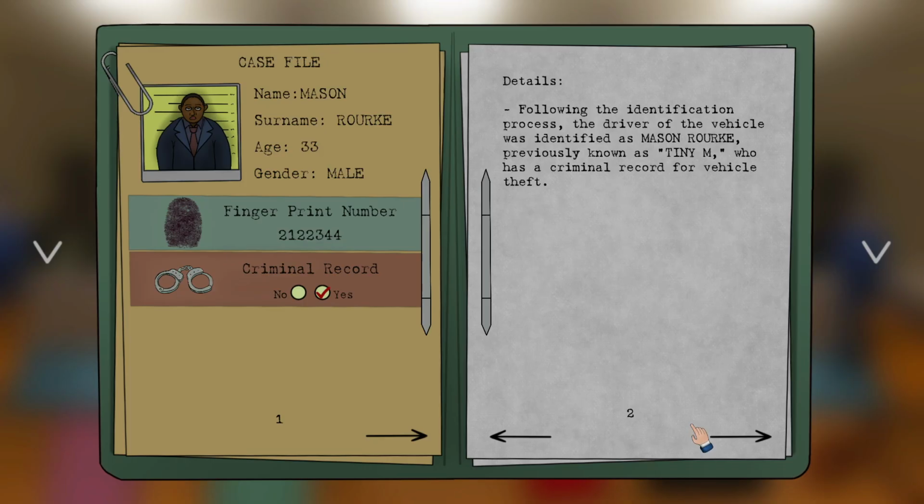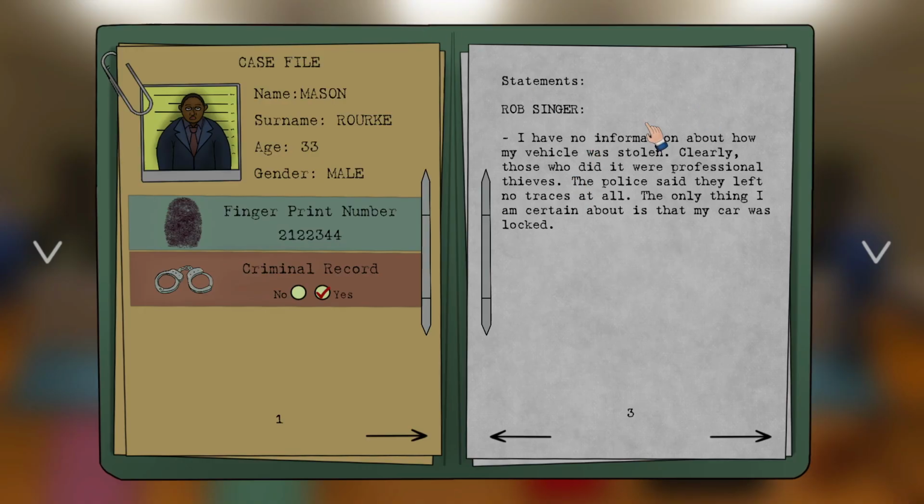The driver of the vehicle was identified as Mason, previously known as Tiny M. Alright, Mason M, who has a criminal record for this vehicle.